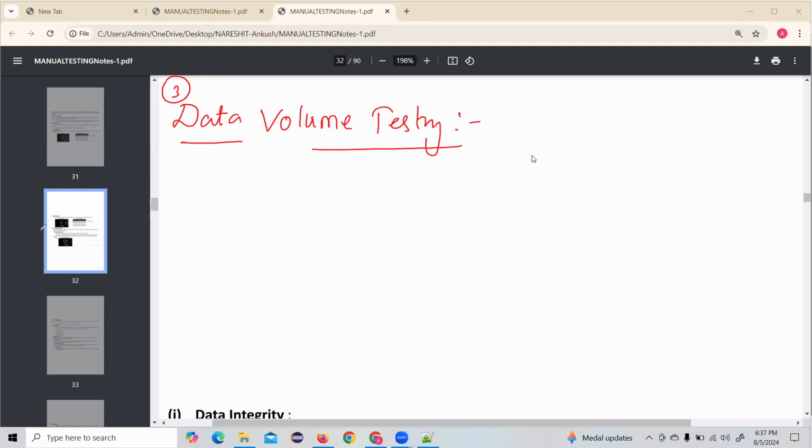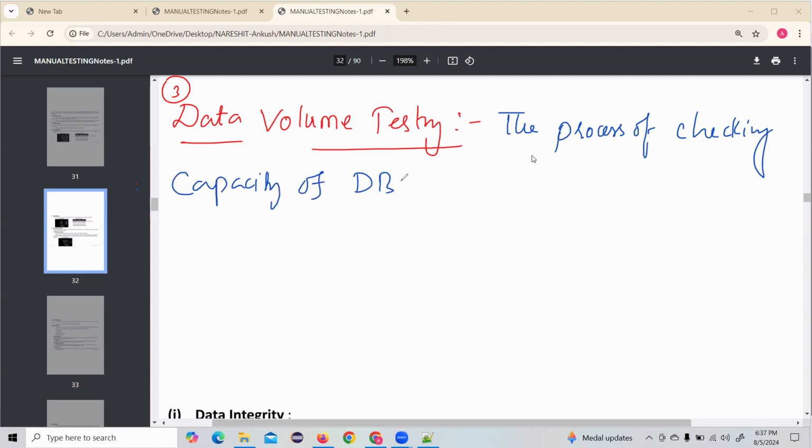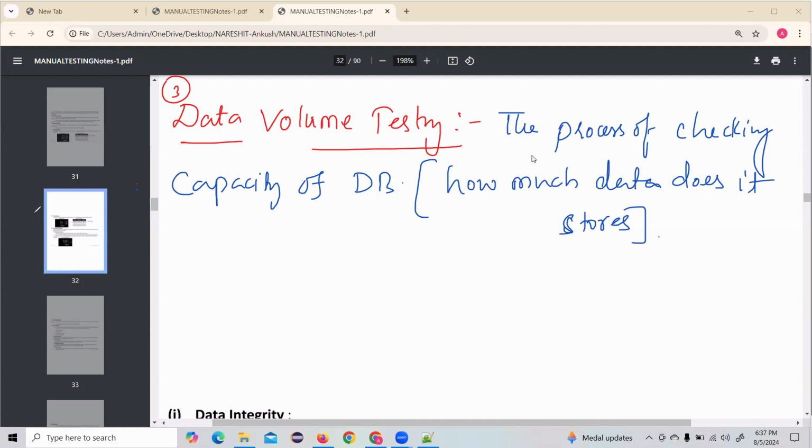Checking volume, the process of checking the capacity of a database. It means how much data it stores is called capacity.